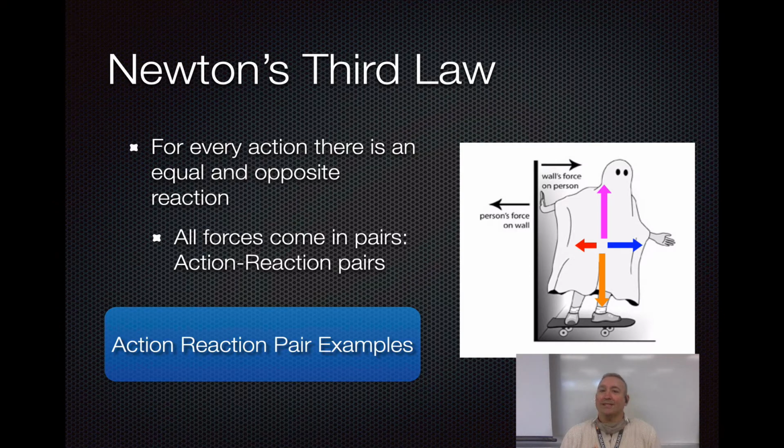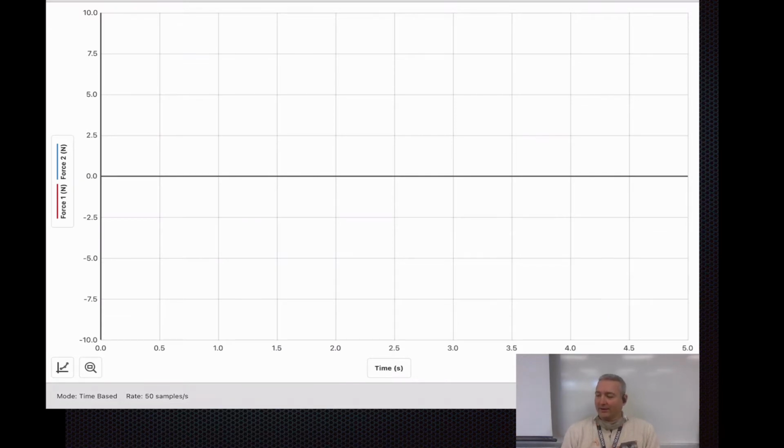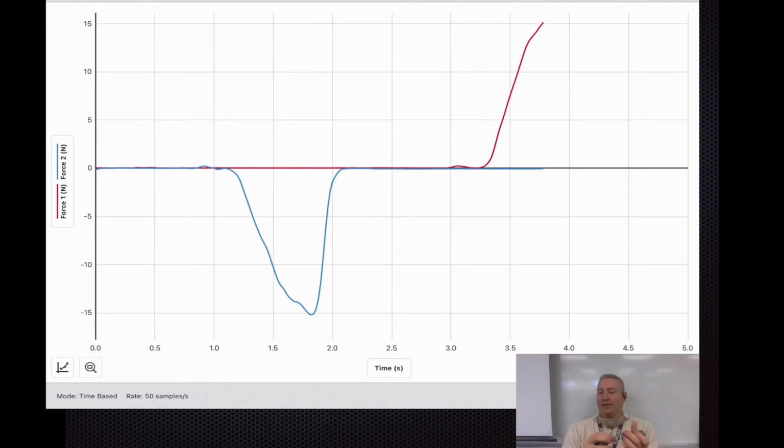But the thing is, no force can exist without an equal but opposite force. It just can't happen. So I've got here two force detectors that tell me forces. So if we look at this and I hit collect on here, this one, if I pull it, will give us that, and this one will give us that.